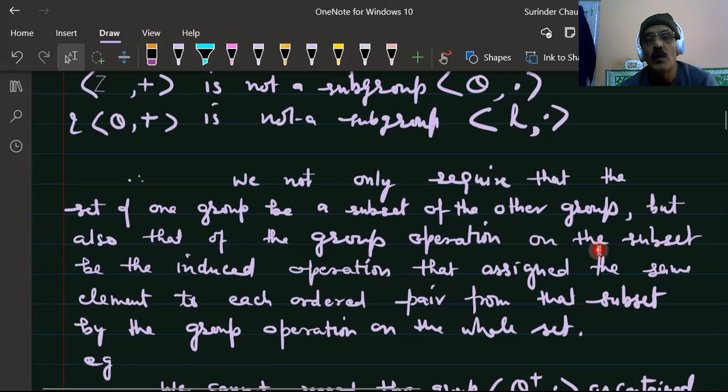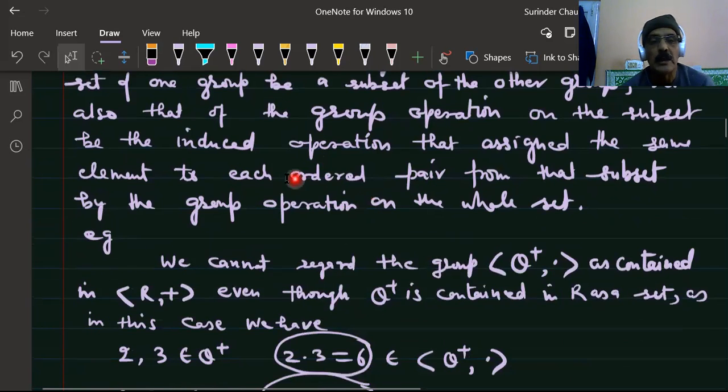The induced operation must assign the same element to each ordered pair from that subset as the group operation on the whole set. Very important. Now I'll make you clear with an example.